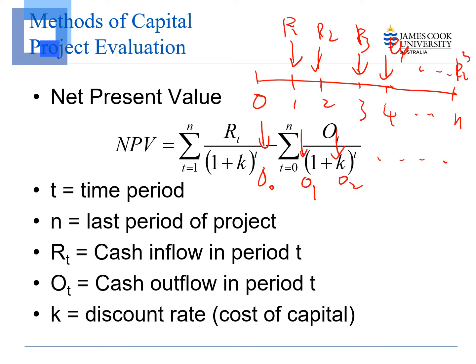Then we can discount them back to present time, and that's the NPV.